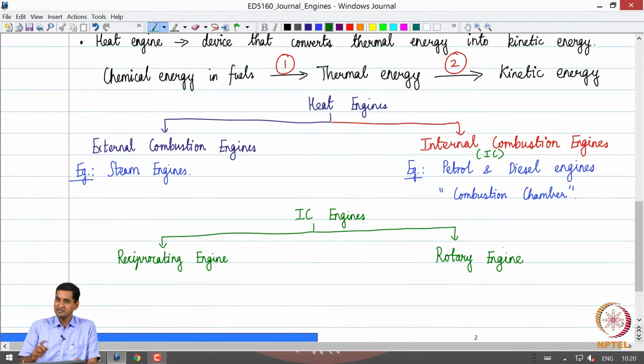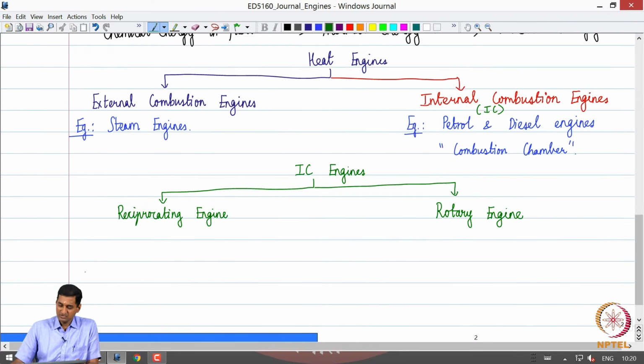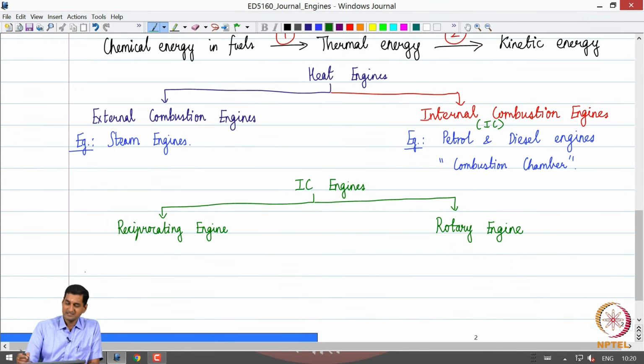So, that is the difference, depending on how the second energy conversion process happens. Here, reciprocating motion is used to convert thermal energy to kinetic energy. In a rotary engine, a rotary motion is used to convert the thermal energy to kinetic energy.